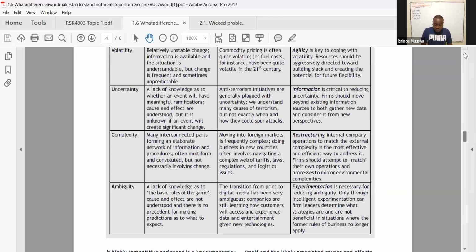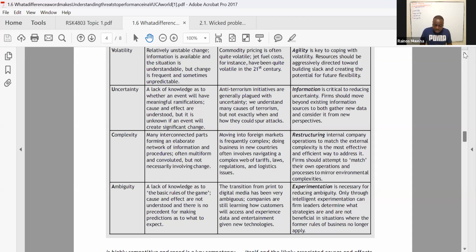So in this case, when it comes to an ambiguous situation, they're basically saying ambiguity is a lack of knowledge as to the basic rules of the game. The cause and effect are not understood, and there is no precedent for making predictions as to what to expect. The transition from print to digital media has been very ambiguous. Companies are still learning how customers will access and experience data and entertainment given new technologies.